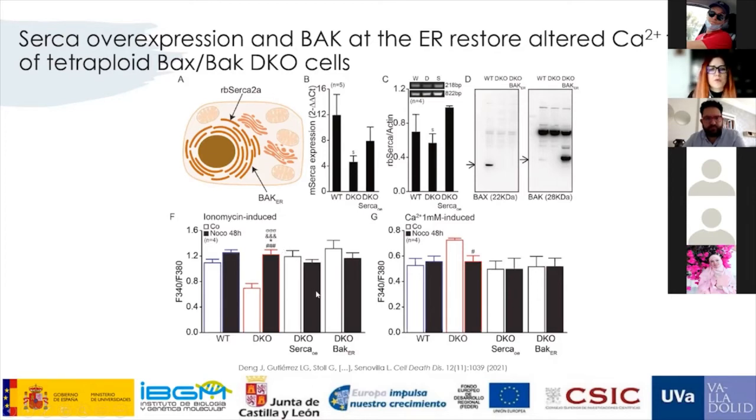And what we observed was that both DKO SERCA overexpression and DKO BAK at the ER restore the ER calcium concentration of DKO cells to wild type levels. But also they restore the store operated calcium entry of DKO to wild type levels.